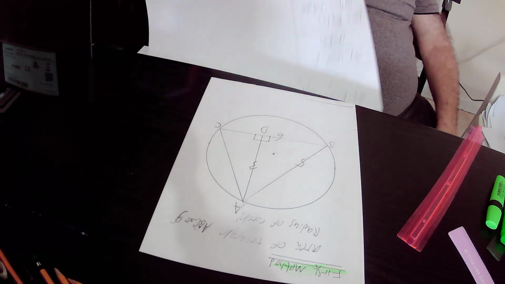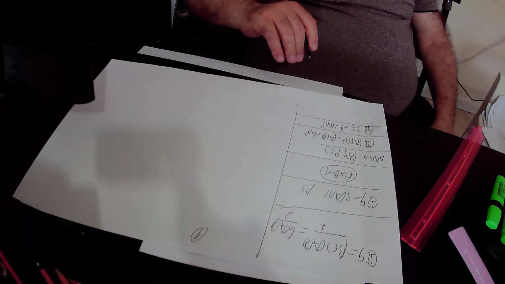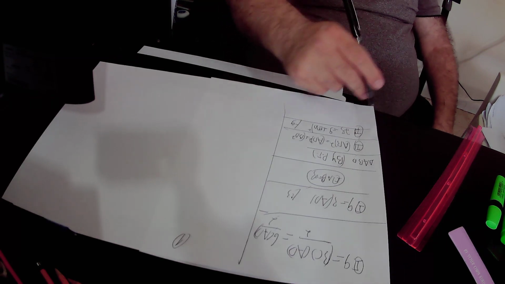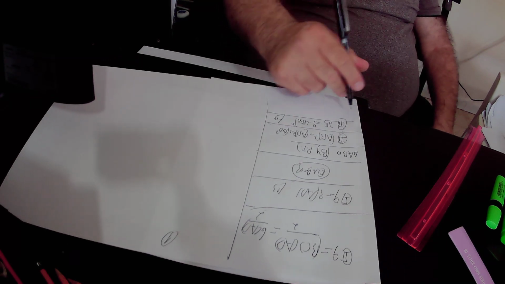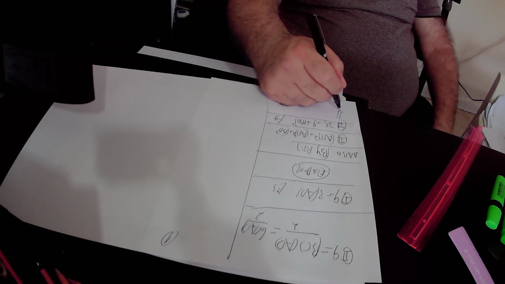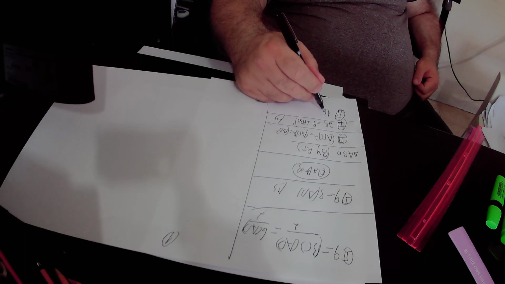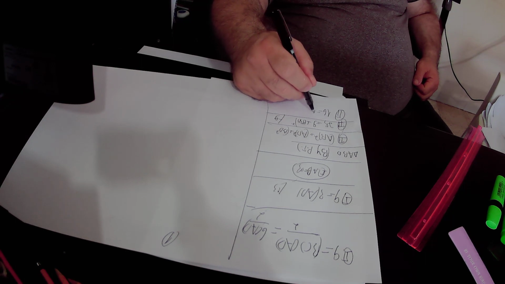Here 25 equals 9 plus BD square. We subtract 9 from equation number 2, and we find that 25 minus 9 is 16, so 16 equals BD square.